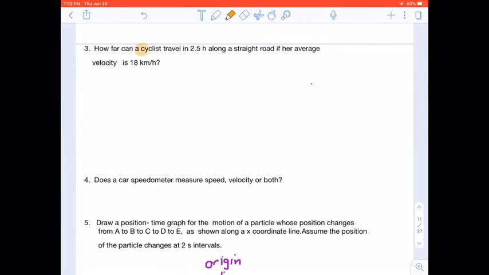Right, now let's look at this question here. How far can a cyclist travel in 2.5 hours along a straight line if her average velocity is 18 kilometers an hour? Okay, we have average velocity is equal to change in x, which is displacement, upon change in time. This implies that change in x is equal to the average velocity times change in time.